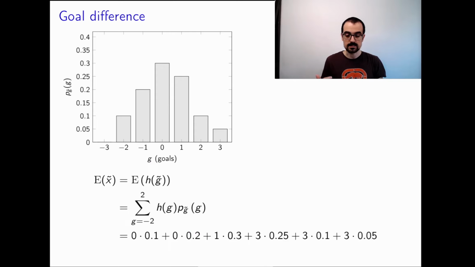And that's very nice, because then we didn't have to derive the whole distribution of the points to just compute their mean value. We could do it directly with the distribution of G. And this is often very, very useful. It turns out that the mean number of points earned by the team is going to be 1.5. I forget if the team of interest was Barcelona or Atlético de Madrid. I don't remember.